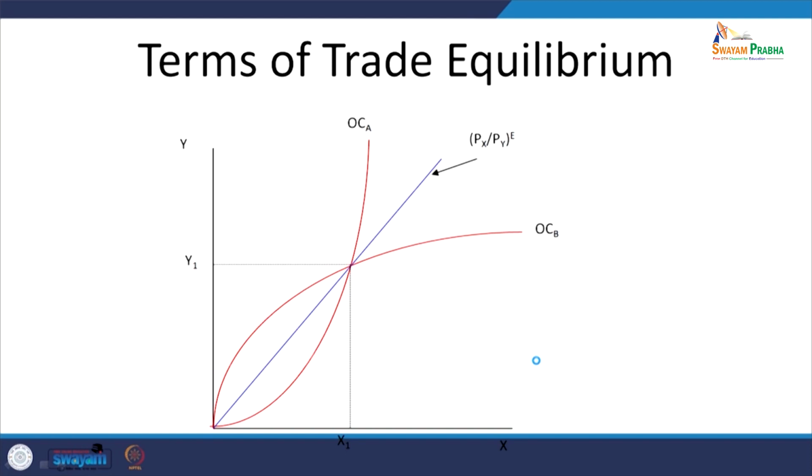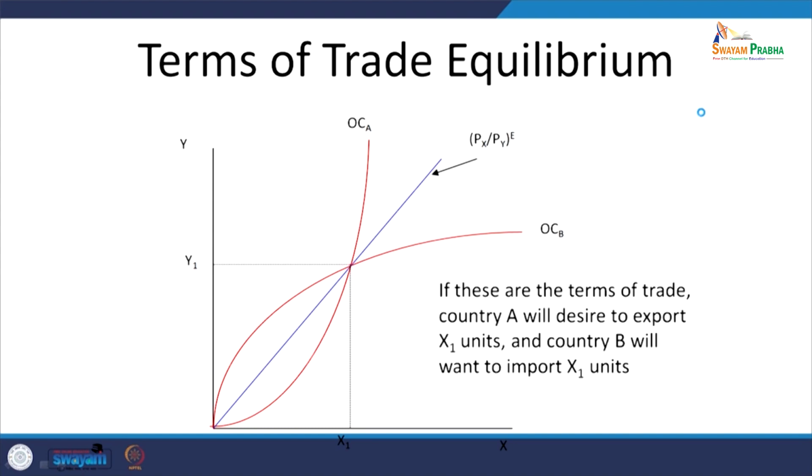Now, this is the point where both offer curves intersect. It will be responsible for a certain price level where we expect equalization of terms of trade, where Px by Py is generally expected to be equal to 1, and there will be no diversion from equilibrium.